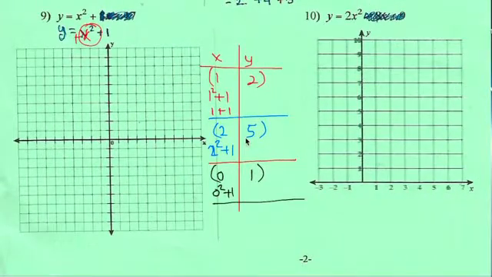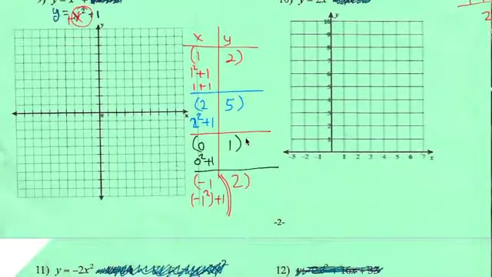Then choose negative numbers. Choose negative 1. Negative 1 squared is negative 1 times negative 1, which is 1, plus 1 is 2. Notice the pattern.